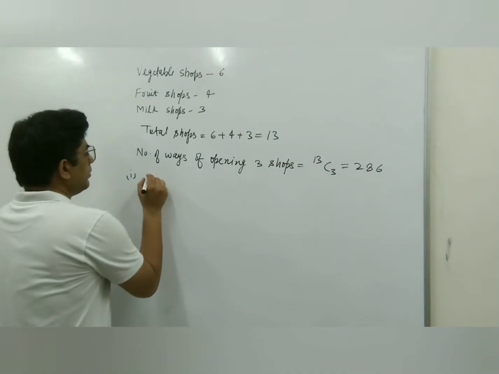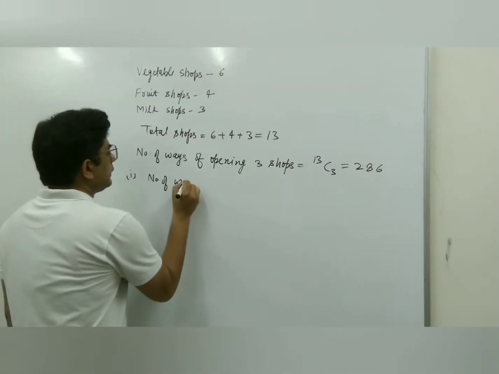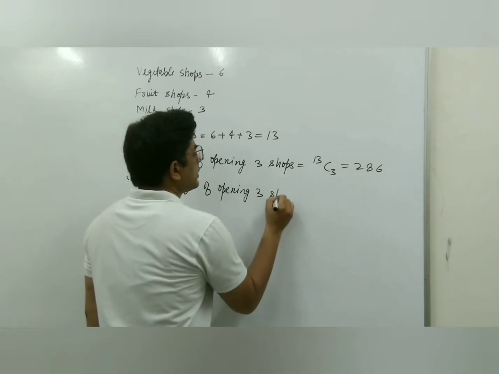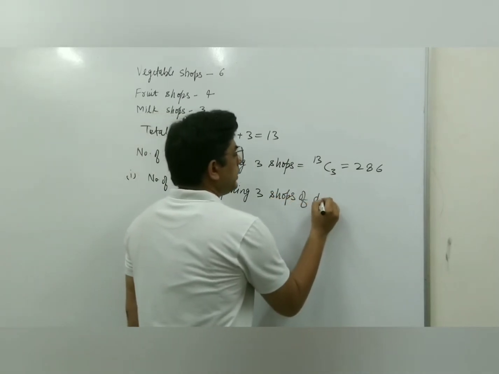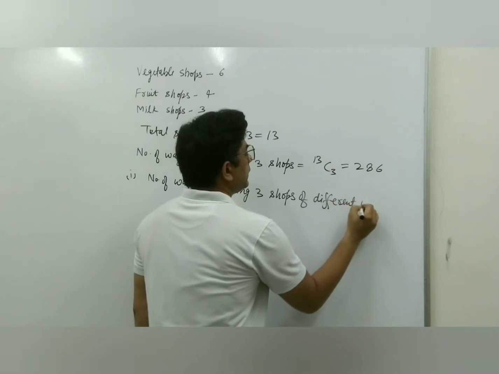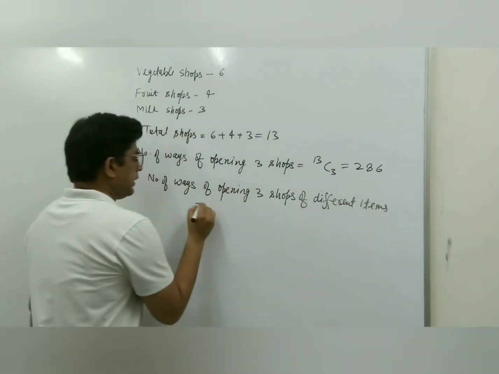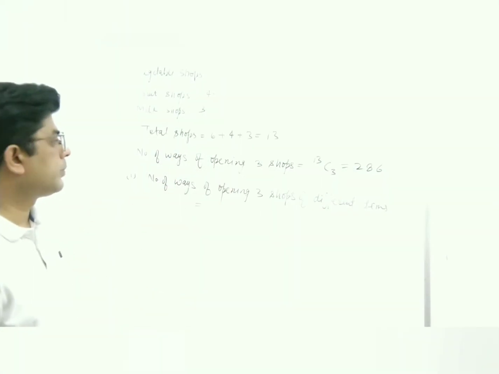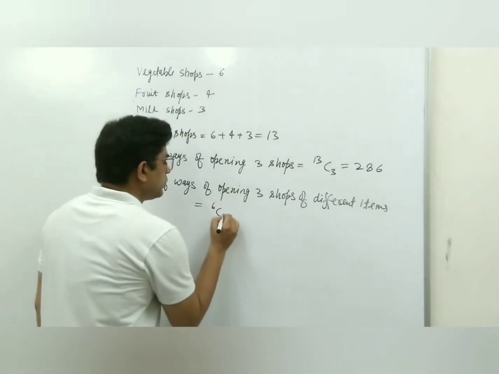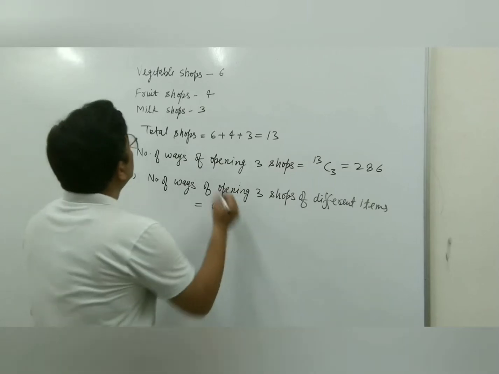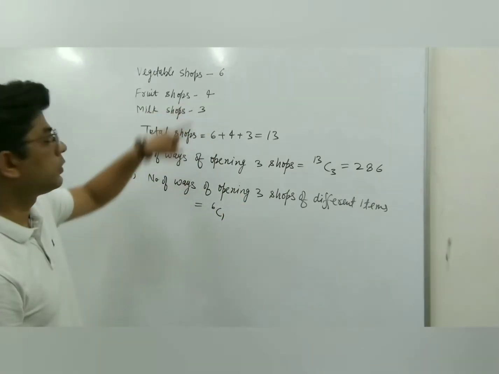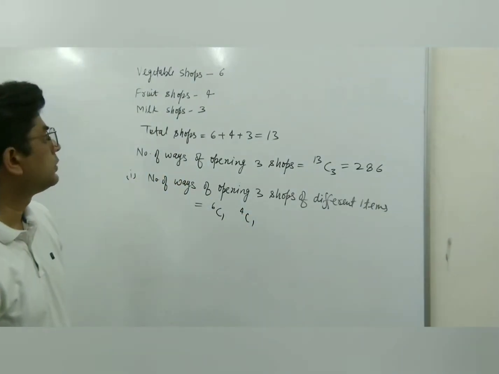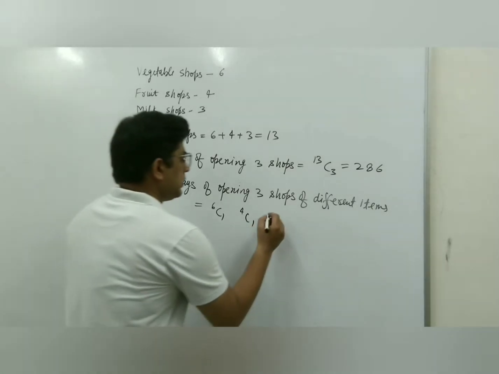So the number of ways of opening 3 shops of different items, that is equal to, since there are 6 vegetable shops, and you have to open only 3 shops of different items, so 1 shop should be chosen from the 6 shops, and the number of ways of choosing 1 shop from out of 4 fruit shops, this is 4C1, and the number of ways of choosing 1 shop out of milk shops, this is 3C1.